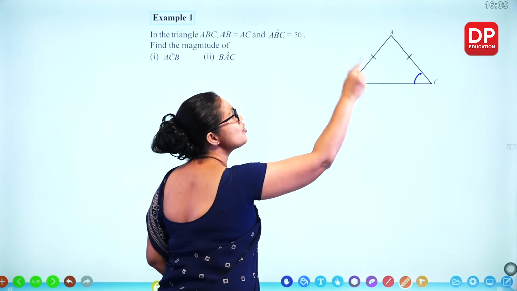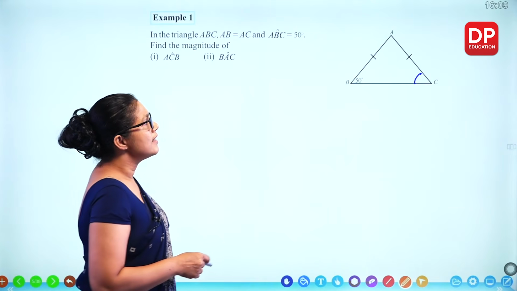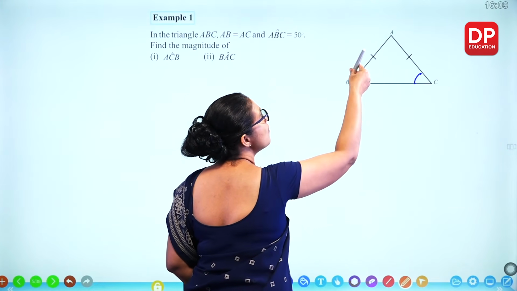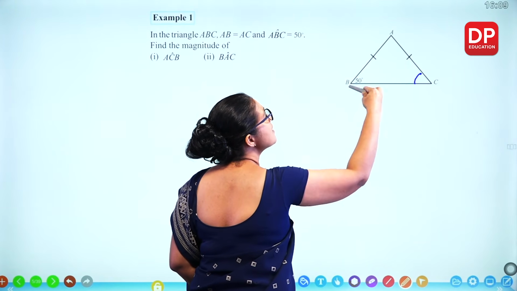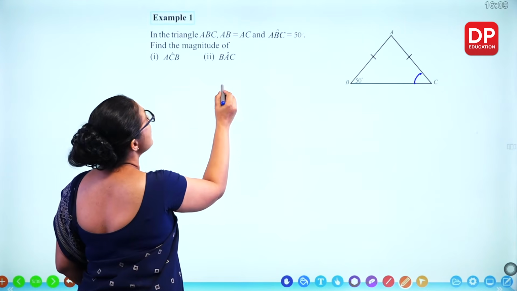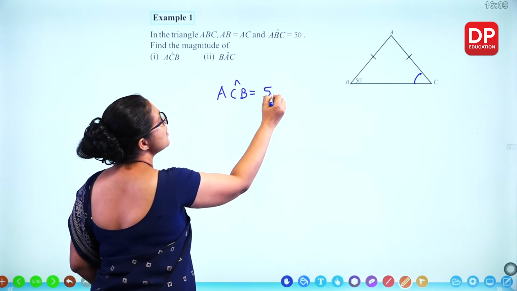We see two sides are equal. This is an isosceles triangle. So here according to theorem number 1, we can say the angles opposite to equal sides are equal. So straight away we can write ACB is equal to 50.